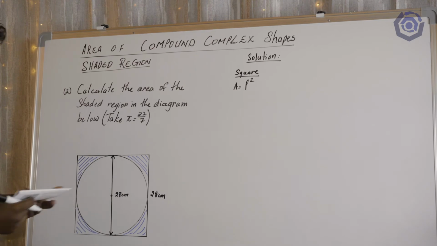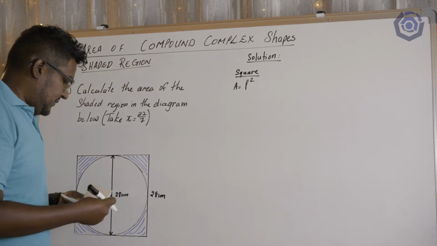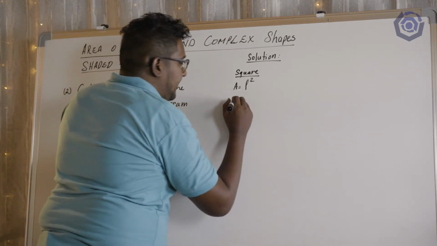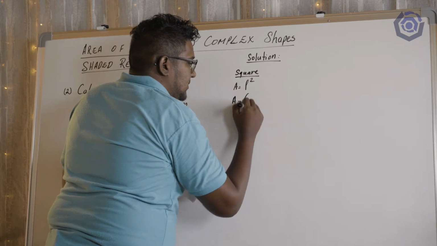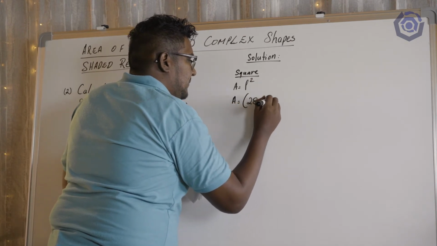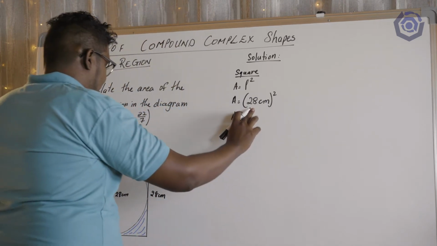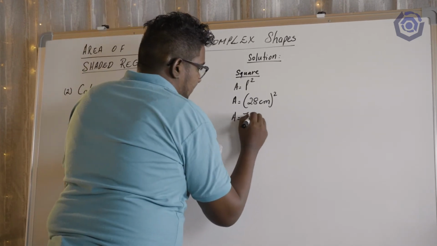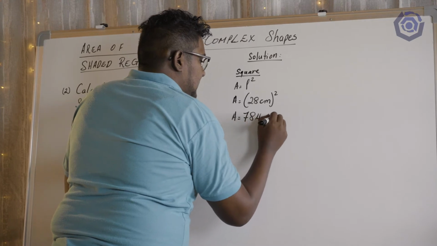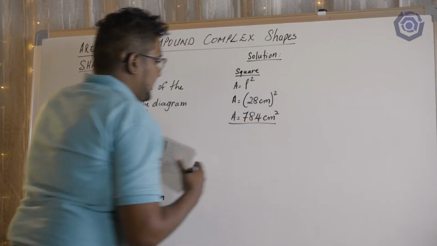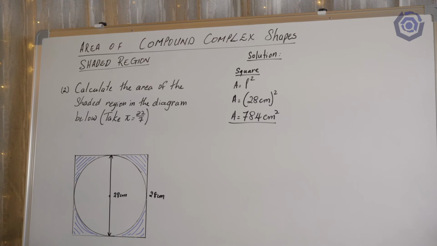So the length here is 28 centimeters. So A is equal to 28 cm all squared. A is equal to 28 times 28, which is going to give me 784 cm squared. And this is the area of our big shape.